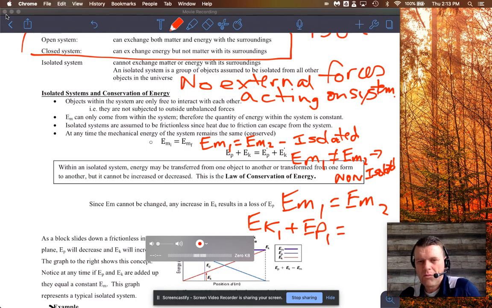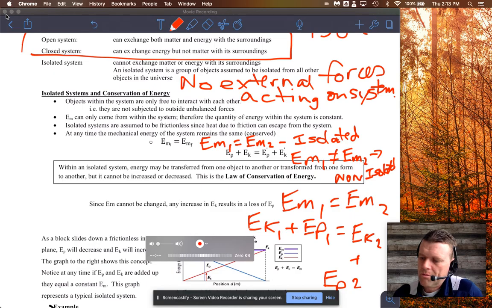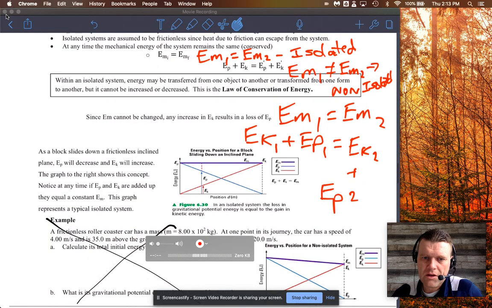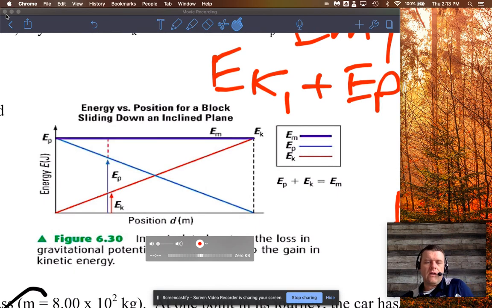So EK1 plus EP1 would equal EK2 plus EP2. And lo and behold, you would get a graph that looks something like this. So this mirrors what we just saw with the skateboarder.